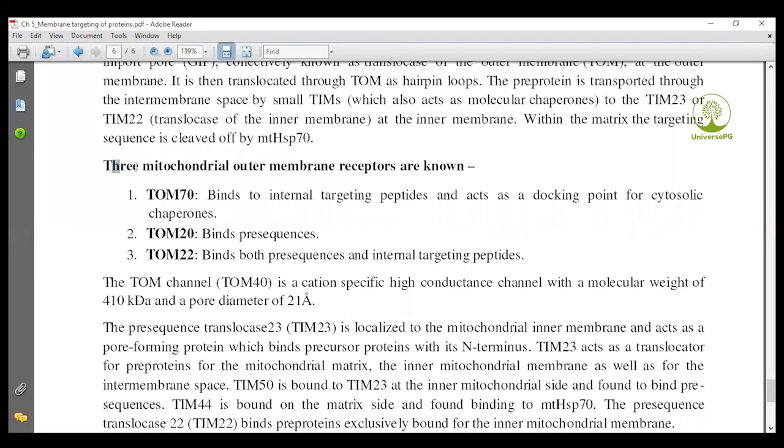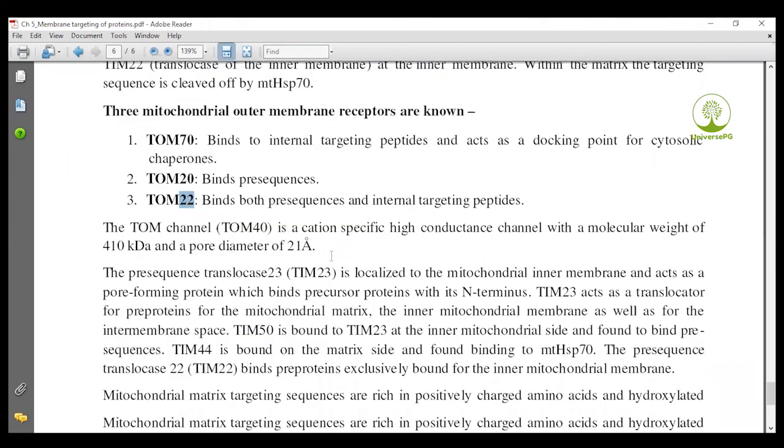You just write it in your exam script. If the question is about the 3 mitochondrial outer membrane receptors: TOM70, TOM20 and TOM22. You read only the 3 outer membrane receptor names with their function. No need for detail in this area. Thank you.